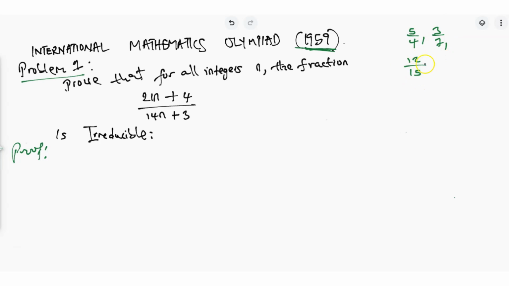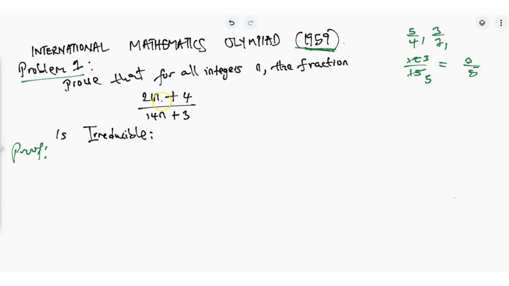But for 12 and 15, we can divide both by 3 to get 4 over 5. So we are able to reduce 12 over 15, but we are unable to reduce 5 over 4 and 3 over 7. So this expression is reducible, but these two are not.